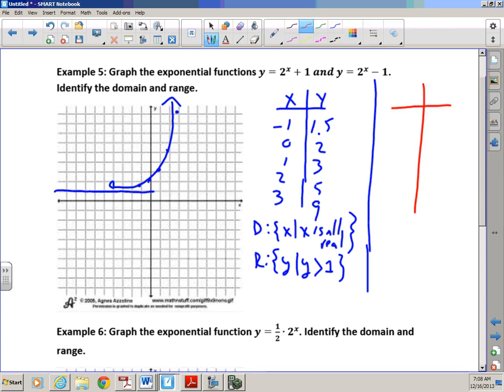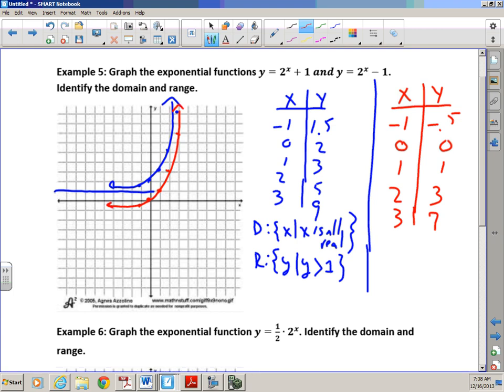Now let's do it with subtracting 1 with the same. Okay? So now I have -1, I'm at -0.5, 0, 0, 1, 1, 2, 3, 3, 7, and you'll see it's going to run right next to it.